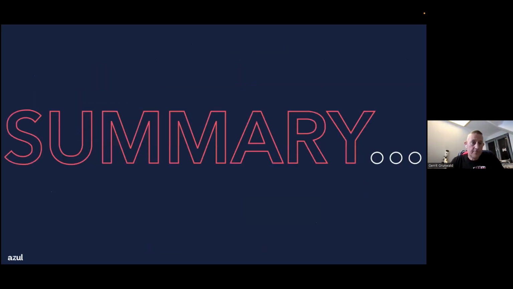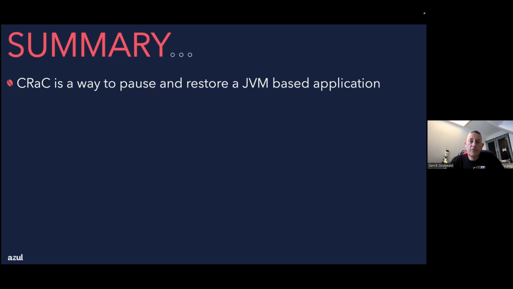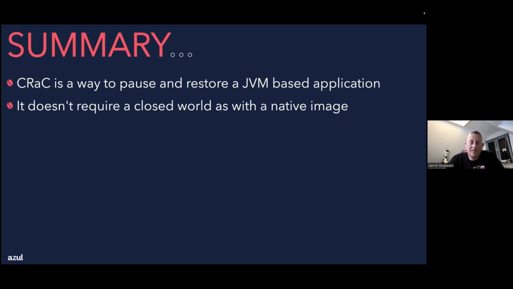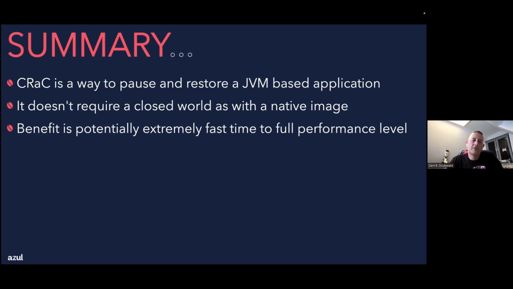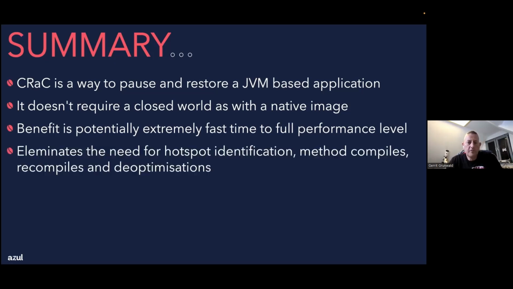So as a summary, CRaC is a way to pause and restore a JVM-based application, and it doesn't require a closed world as with a native image. That means the native image needs to know all the classes that will be loaded before it compiles them, whereas CRaC is just a JVM. So even after the checkpoint, you can load classes dynamically, and they will run and will be optimized by the JVM. The benefit is potentially extremely fast time to full performance.